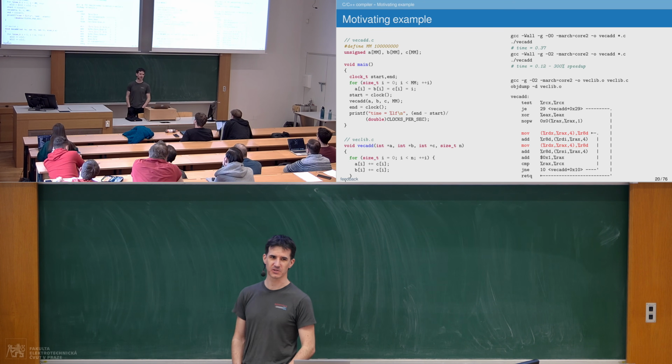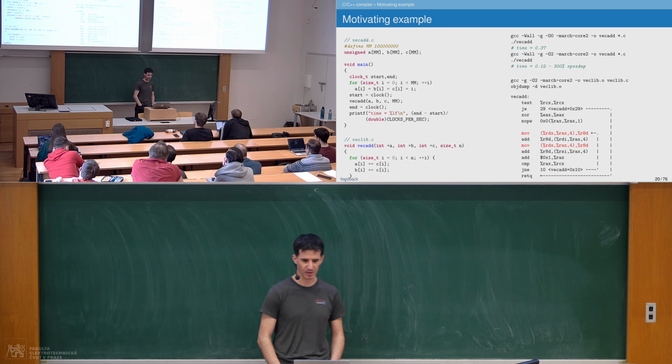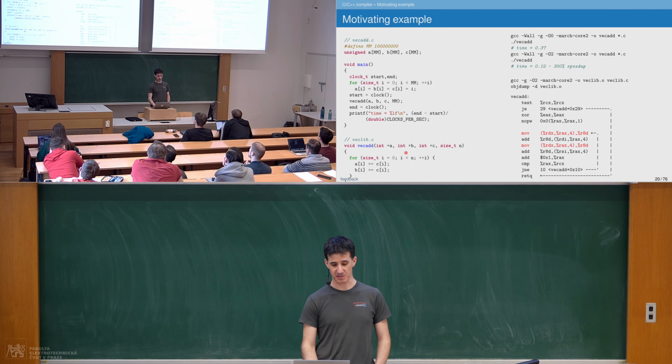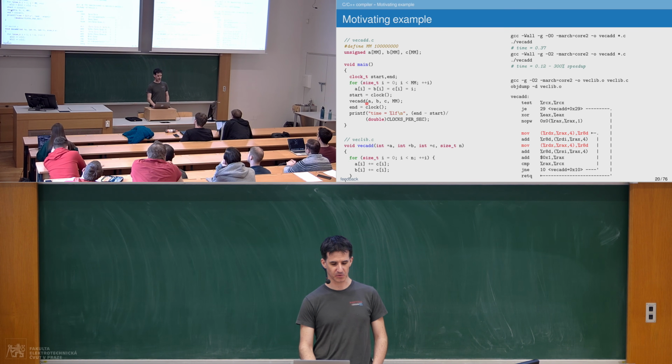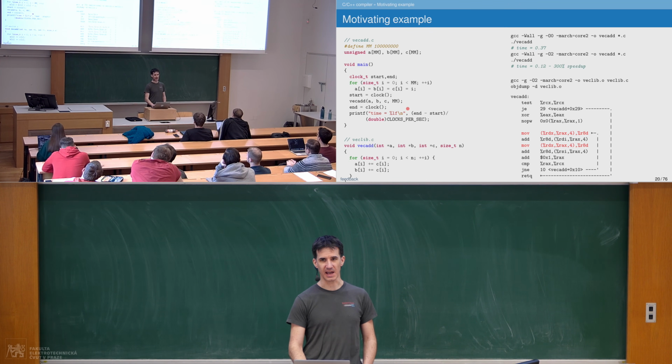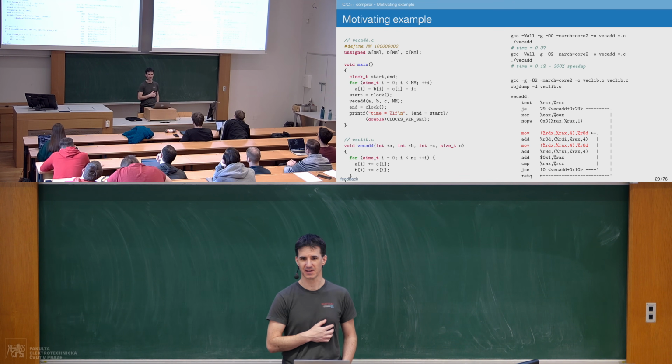The compiler is correct here, because if you look at how the arrays are specified, they are specified via pointers. One can call this function not like here, with vector A, B, and C, but also, for example, vector add A, A, A. So you put all 3 pointers pointing to the same array.